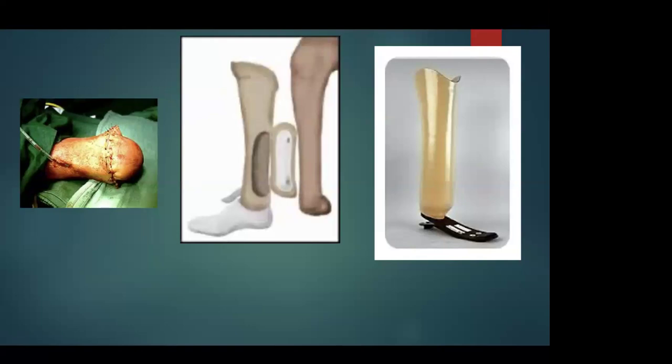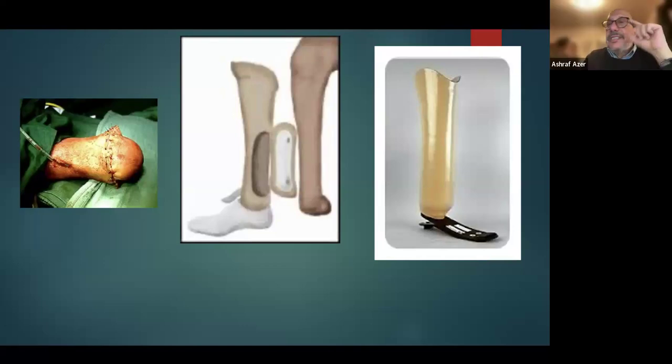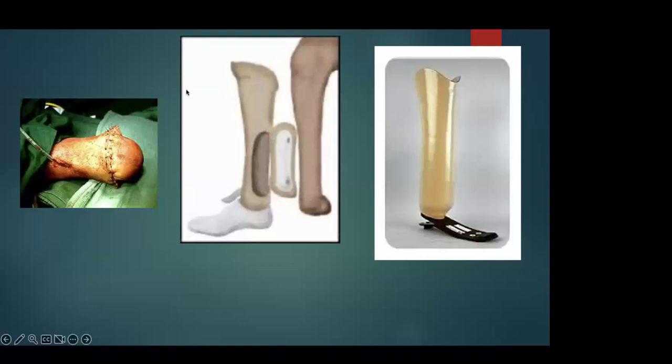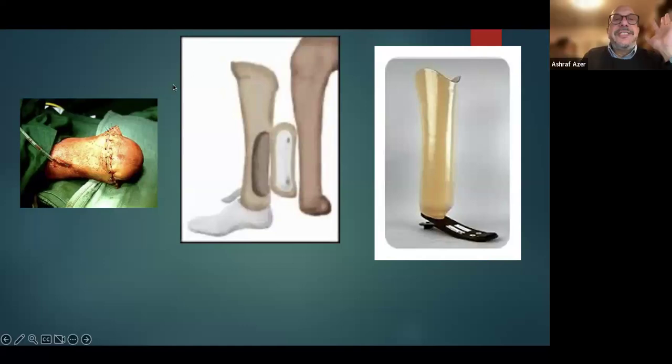Why? They have like a ball and socket ankle. And I think, see, I'm pulling your leg. So the idea here is we do it for proximal focal femoral deficiency, PFFD. I take this in congenital, God willing, if God gives us life.